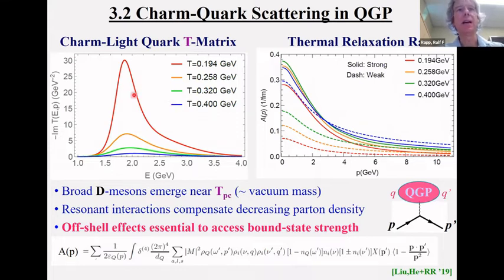And it dies, however, really quickly as we go up in temperature. So these broad states emerge near Tc, near the vacuum mass, and this is, I should say, for the strongly coupled scenario.